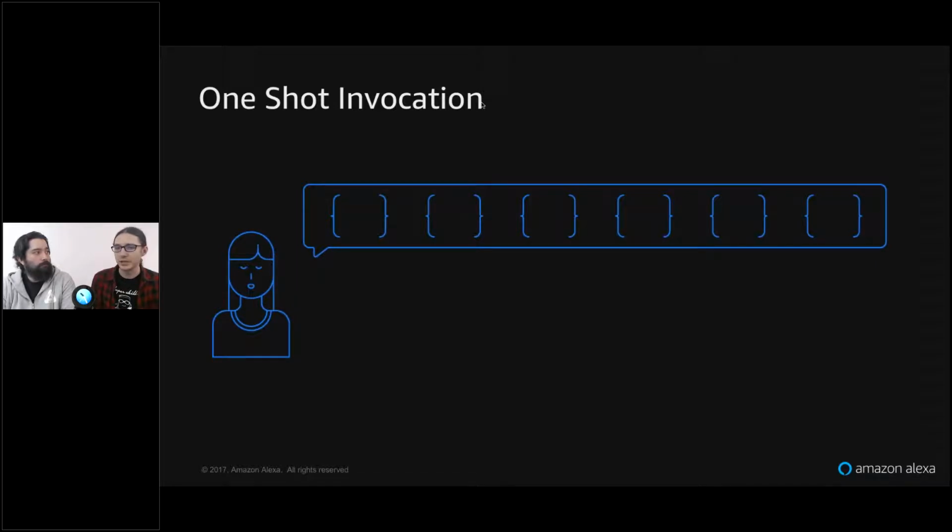Say, for example, you're booking a flight and you need the destination, the origin, the date they're leaving, when they're coming back, their seat preference, their meal preference, their frequent flyer number, and all these different things. So one-shot invocations are great, but they're hard on the user.